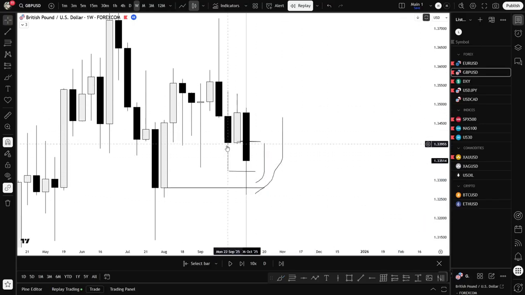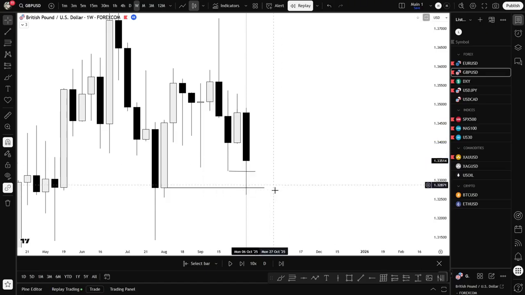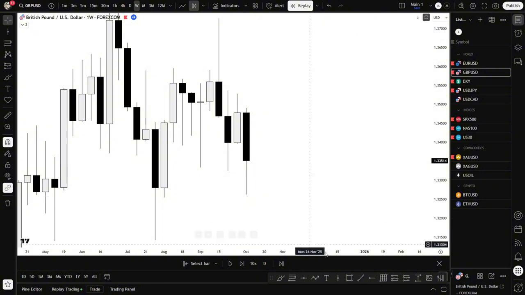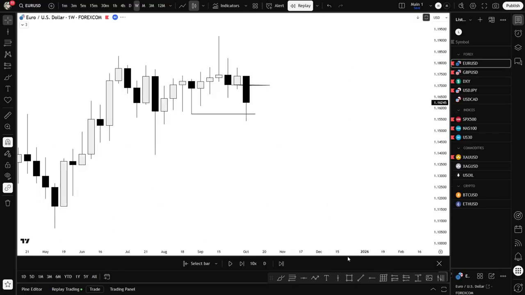But this is how to operate on the highest level, basically. So we have the opening price of next week. Let me draw the targets. The opening price on both.